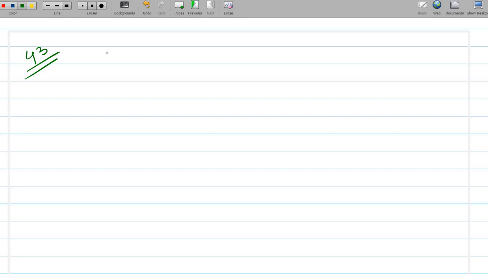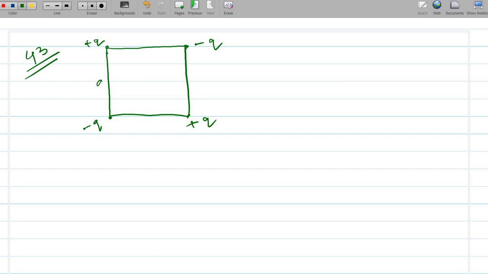I should just draw it by hand, right? So like that. So assume these are straight lines. So this is plus q, plus q. This is minus q, minus q. So that's the square and the charges, and each side is of course a.